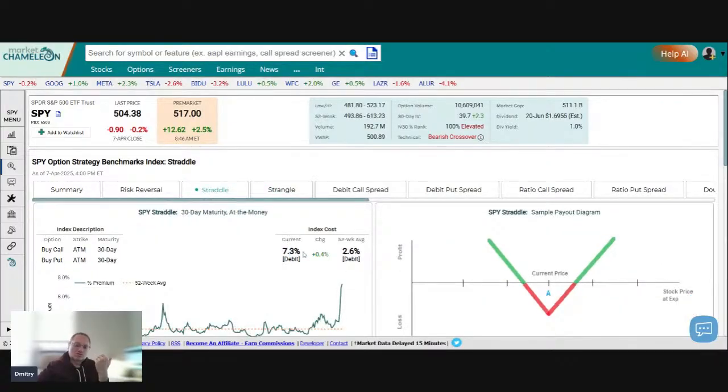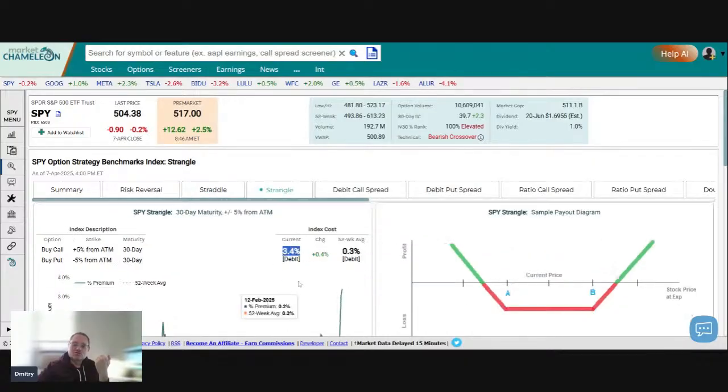Sometimes you might want to buy the at the monies and sell the out of the monies, and then you create a new strategy, which is the butterfly, right? Where you do the at the monies and do the opposite to the wings. You know, if you sell the at the monies and buy the wings, or buy the at the monies and sell the wings.